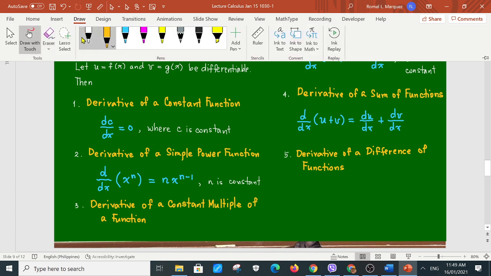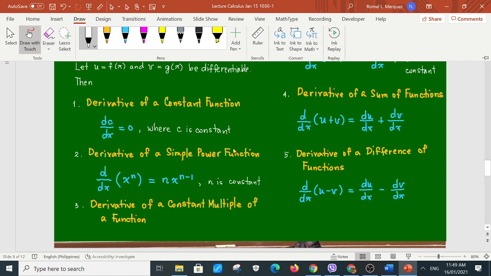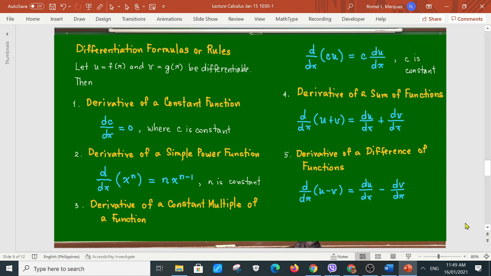So, what's the formula? It's the same, just a difference instead of a sum: the derivative of u minus v is equal to the derivative of u with respect to x minus the derivative of v with respect to x. Now, 4 and 5 can be extended.